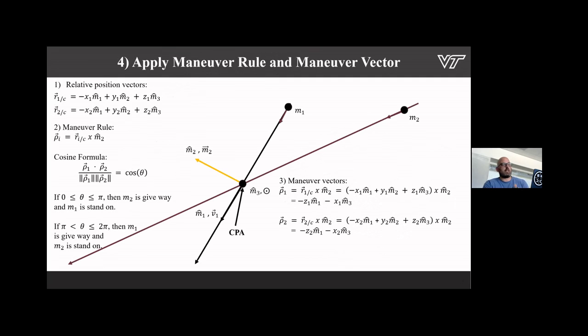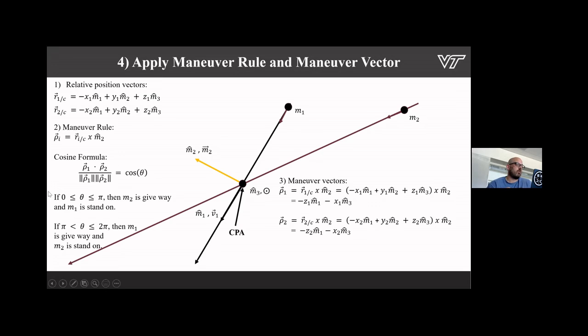So this is kind of like an eye chart, but if you look on the left, number 2, the maneuver rules. That's what I'm going to try first. It's basically just defining a vector, and based off what you get, you can arbitrarily say, okay, this one's give way, this one's stand on.